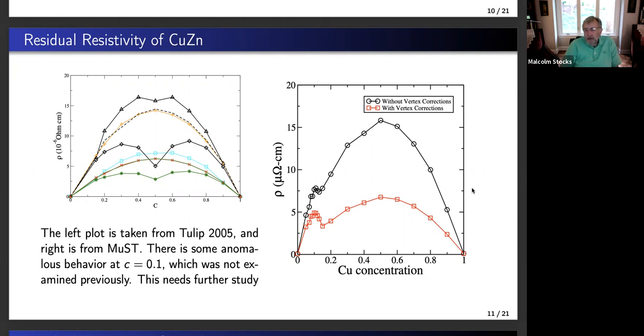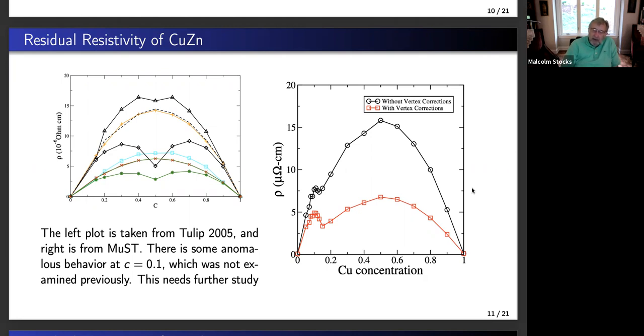And it'd be kind of interesting if you could look at this Bloch spectral function, just pick a few directions, the typical directions for the FCC Brillouin zone, 0, 0, 1, 0, 1, 1, etc. Have a look to see where the Fermi energy is falling on that Bloch spectral function, to figure out what might be giving rise to this peculiar behavior.